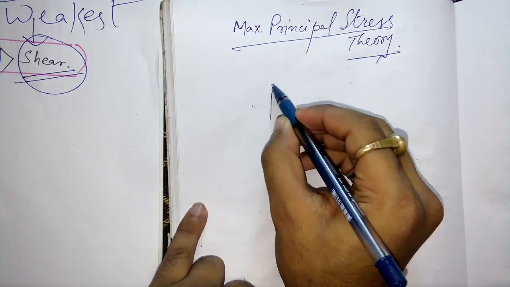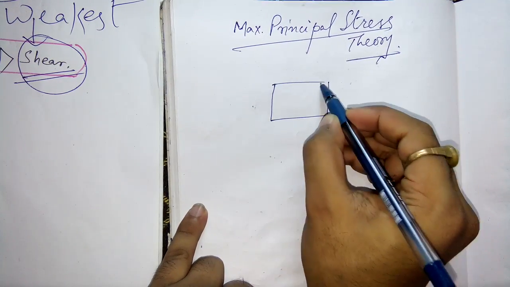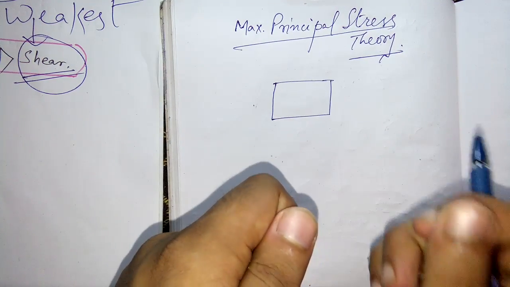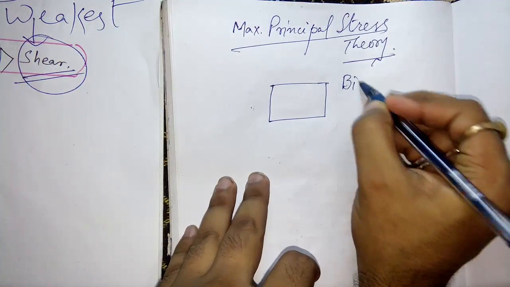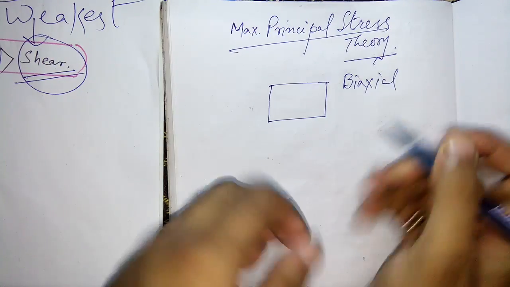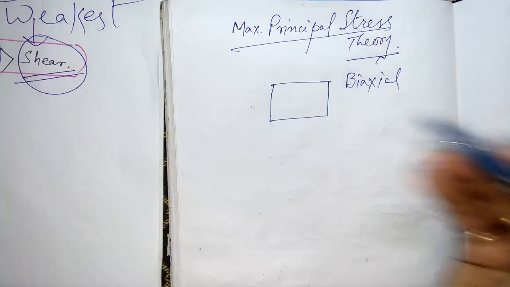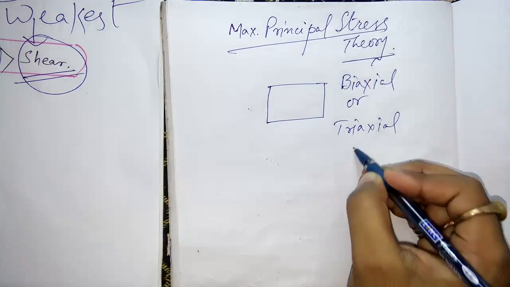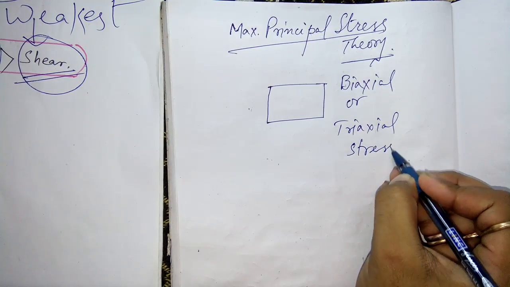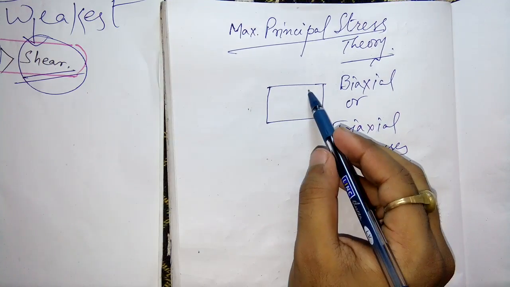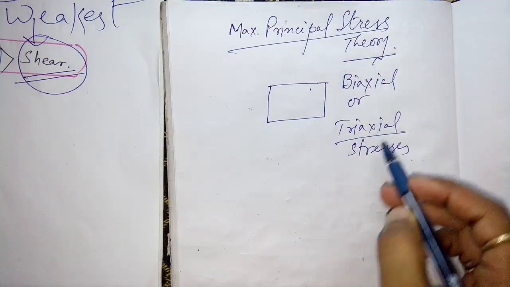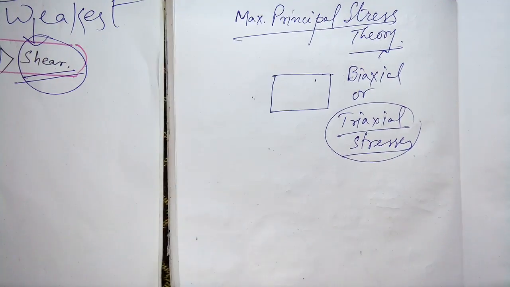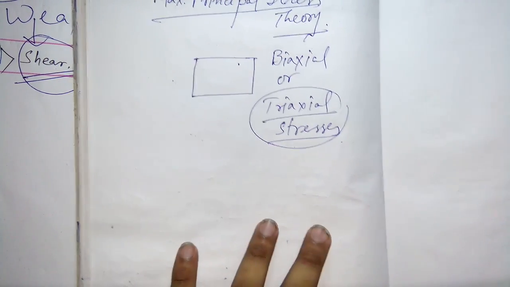Suppose there is a mechanical component which is subjected to stresses, which may be biaxial, that means stress in two directions, or triaxial, in three directions. Suppose this is a mechanical component, it is subjected to triaxial stress. Just as an example, we will consider triaxial stress.